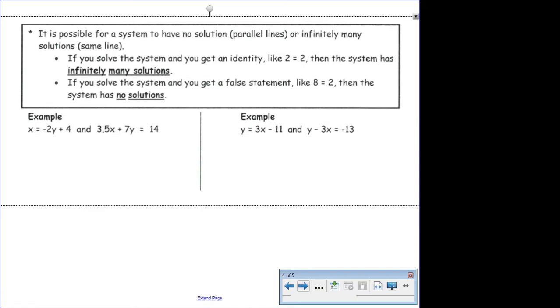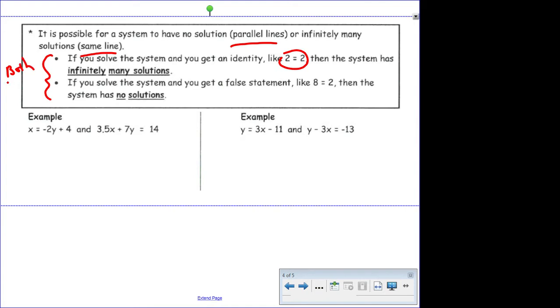It is possible for a system to have no solutions, right? When you graphed, you got no solutions when the lines were parallel, or infinitely many solutions when it was the same line, right? The same thing happens when you're solving by substitution. You might get no solution, or you might get infinitely many solutions. You get infinitely many solutions if both variables cancel out and you're left with something equal.